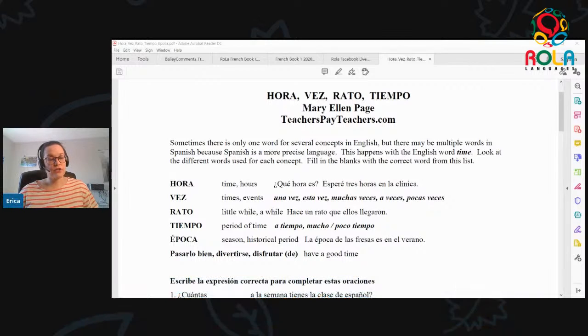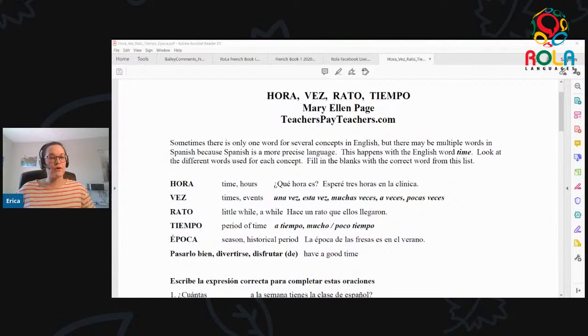So this one is also time, but in the sense of a specific period of time. We might express this also as an age in English, like the modern age or the medieval age. We would use the word época to describe this, as I say, like a historical period. Or maybe a particular season, not like fall, winter, spring, but the duration for which something was relevant or popular.